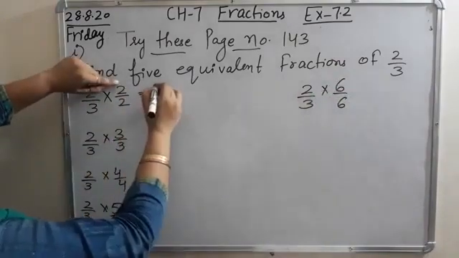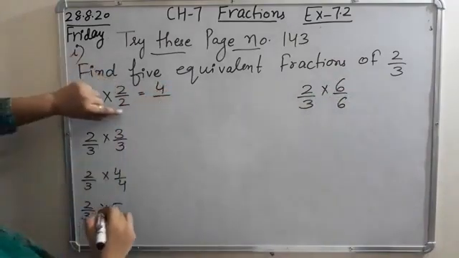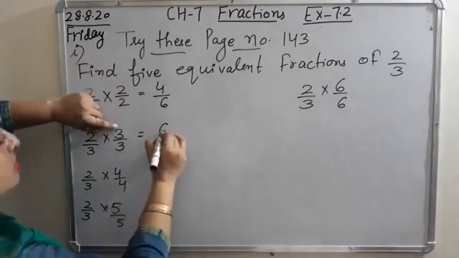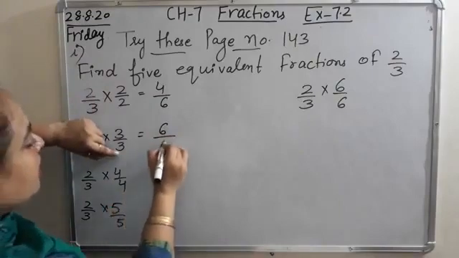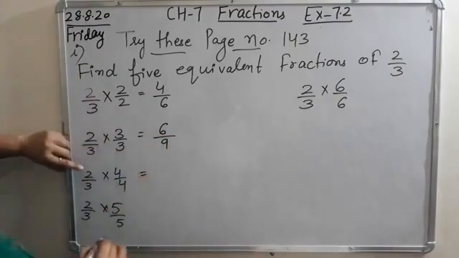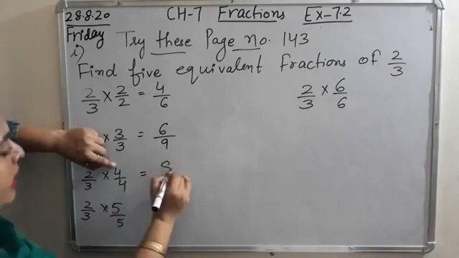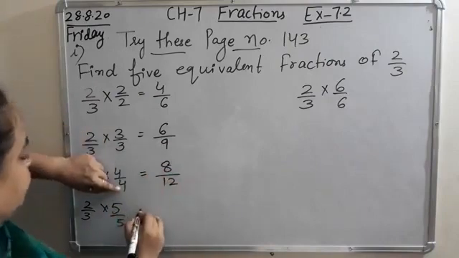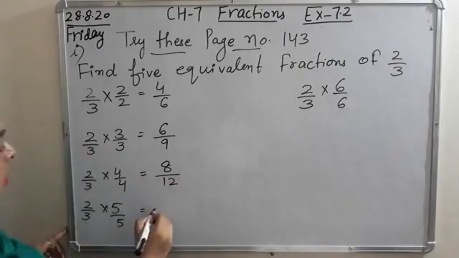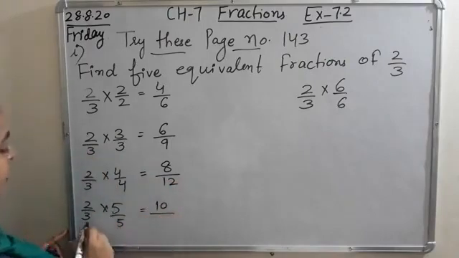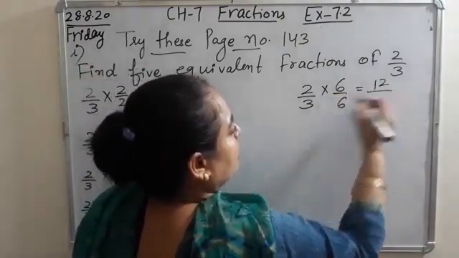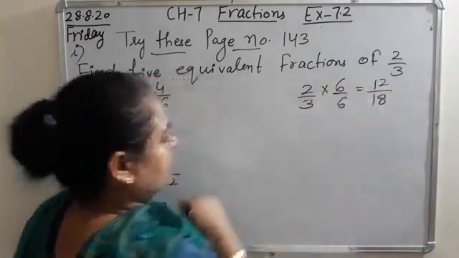2 2s are 4, 3 2s are 6, 2 3s are 6, 3 3s are 9, 2 4s are 8, 3 4s are 12, 2 5s are 10, 3 5s are 15, 2 6s are 12, 3 6s are 18.